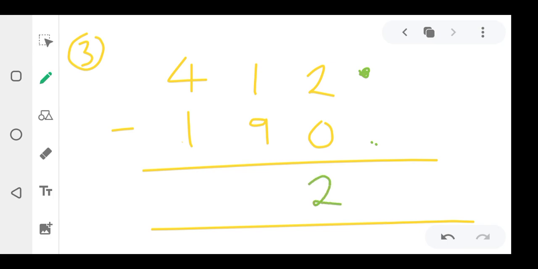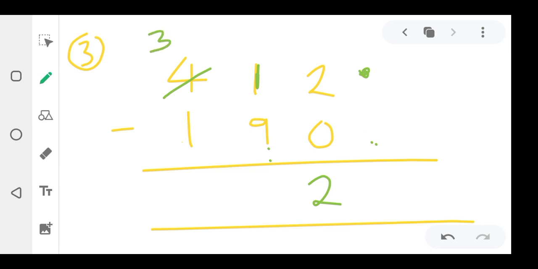You don't borrow. But this one, 1 here is smaller than 9. Have you seen 9 is down? So you cannot subtract a bigger number from a smaller number. So when the smaller number is on top, what do you do? You borrow 1 from this number here. So you remove 1 from 4, and 4 will become 3.